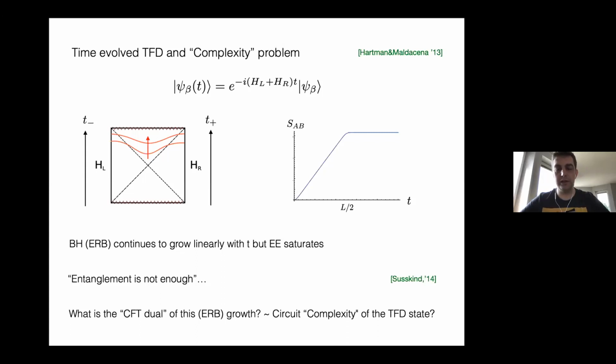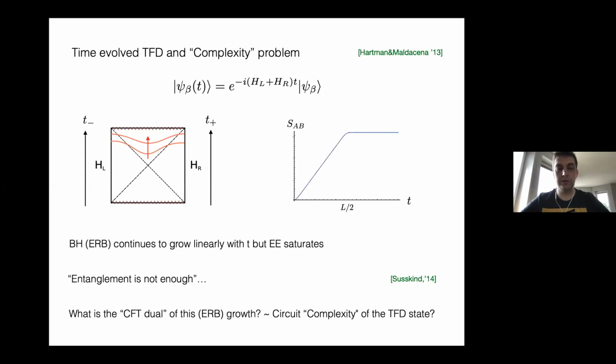And one of their findings was that entanglement entropy computed on both sides of the thermofield double state between some intervals A and B saturates pretty quickly, after a time of order the size of the interval. But the geometry that is dual to this thermofield double state that evolves with time still grows with time, namely the Einstein-Rosen bridge that connects the 2 asymptotic regions still grows linearly with time for at least exponentially large times when we consider classical gravity.